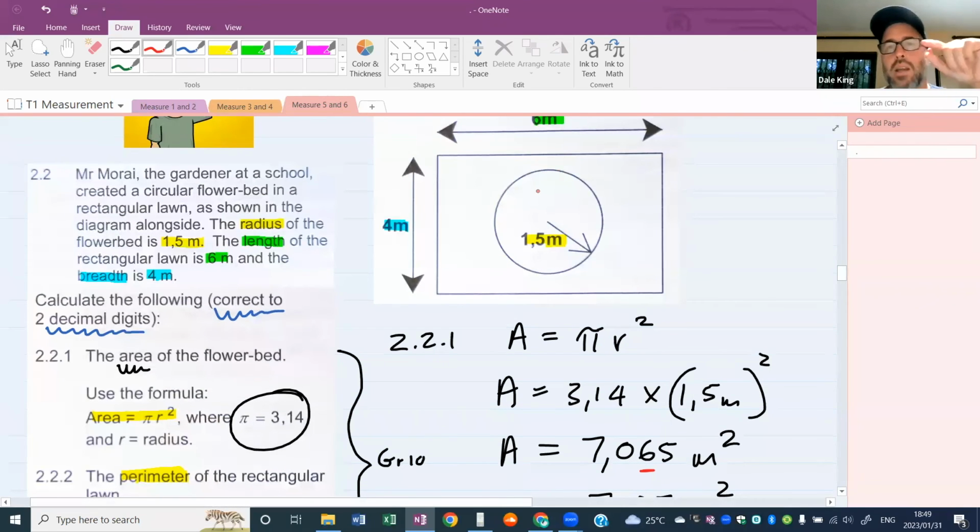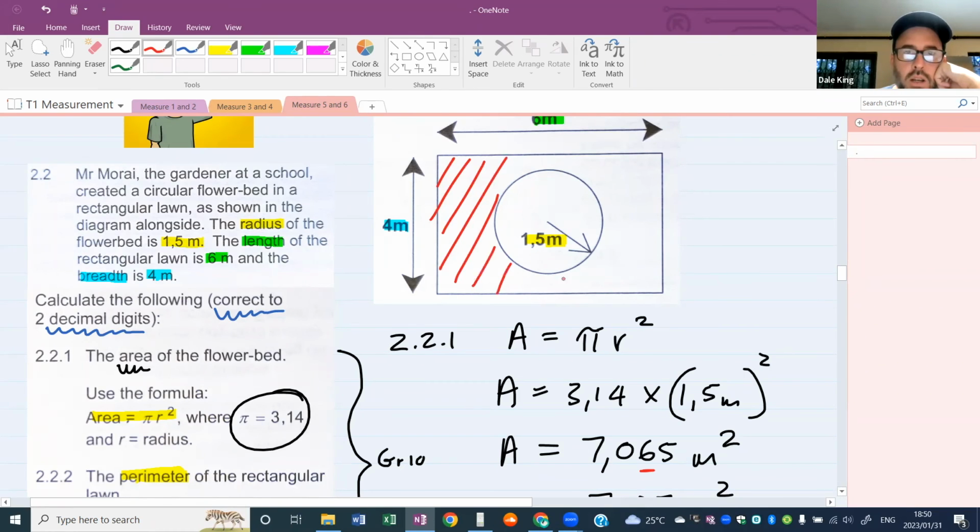They want the rectangle area, but we've got to exclude, take away, remove, cut out the circle, the flower bed in the middle. So they want all this shaded region that I'm shading in now with red. They want all this, not the circle in the middle.